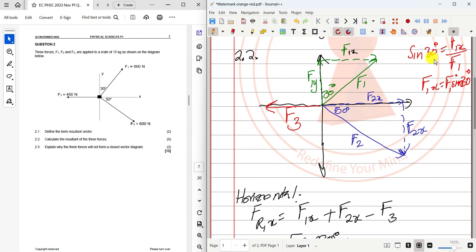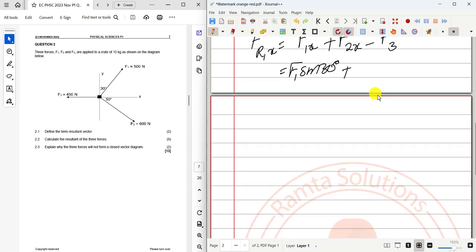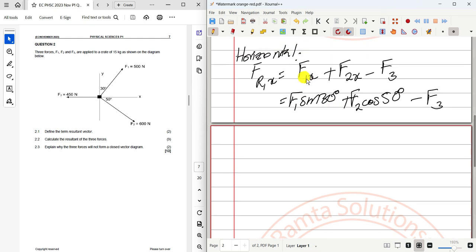Using cos 50 equals F2x over F2, we can then say F2x is F2 cos 50 degrees minus F3. So whichever you prefer, whether you use this one here or this one here, it's okay.